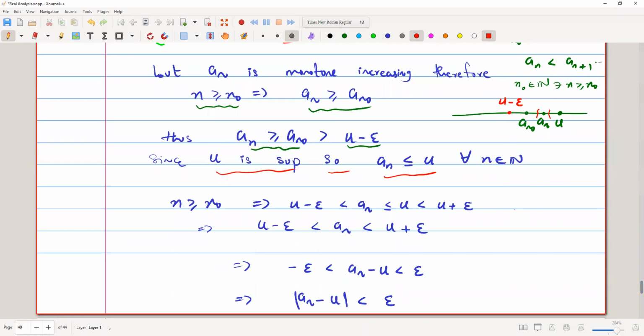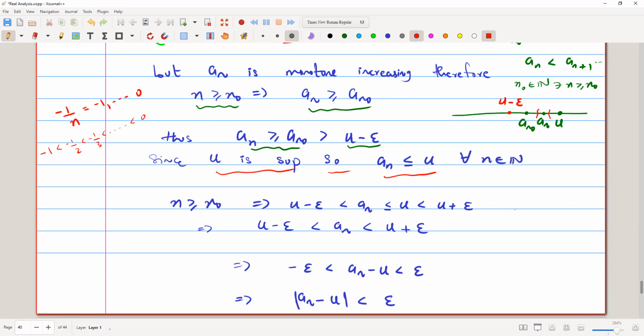We know that, like we discussed in the example minus 1 over n, it's a monotone increasing sequence, starting from minus 1 and going towards 0, and every element is less than its successor, like minus 1 is less than minus half, which is less than minus 1 over 3, and so on, and every element will be less than 0, right?